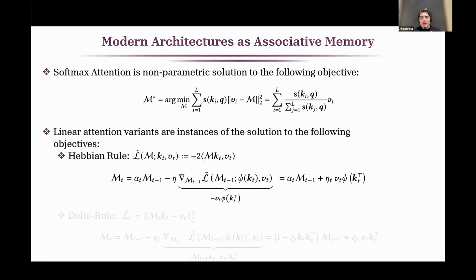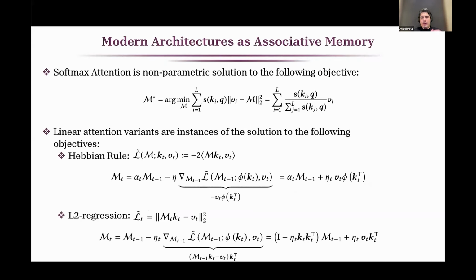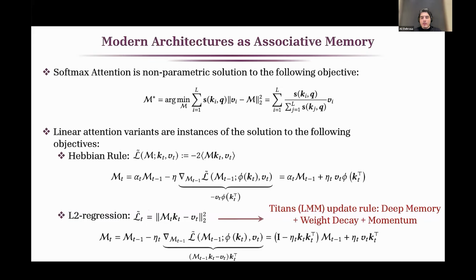And we see that, for example, we can come up with the Hebbian rule, or recently more referred to as linear attention, using this dot product similarity. Or, for example, we can use L2 regression loss to come up with this design. And so in Titans, we use this L2 regression loss, and then instead of a simple linear matrix here, we use a deep MLP block.